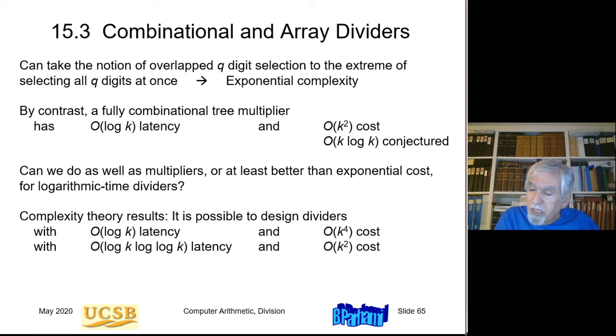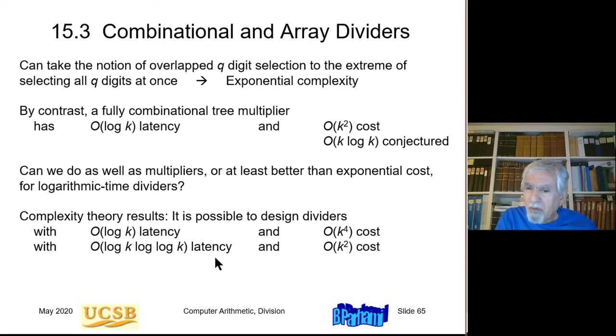So it will be much more complicated. If you relax the speed requirement just a tiny bit, and if you're satisfied with order log k, log k, then you can cut down the cost significantly from order k to the 4th to order k squared.